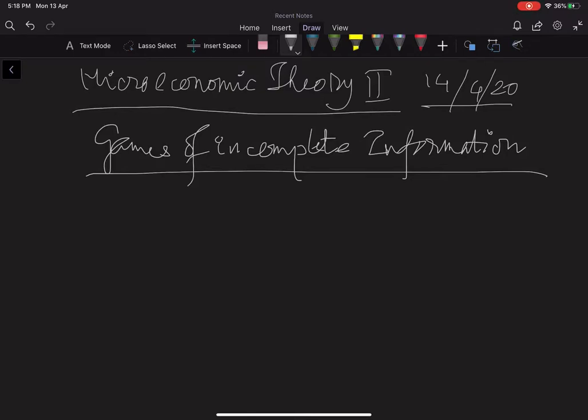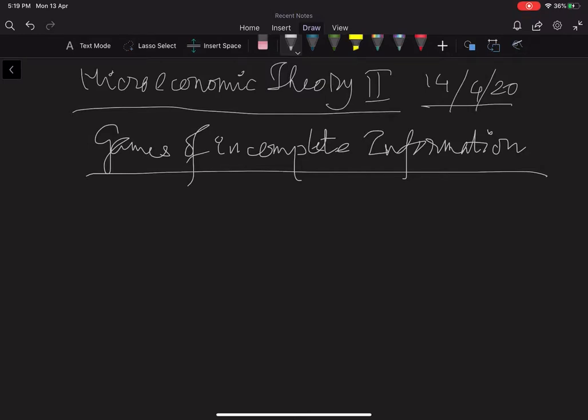Okay, so for example, take the Cournot model, right? In the Cournot model, the demand function is known and the cost functions are also common knowledge across both players, across both the firms, right? But it could be the case that firm 1 is unsure about the cost structure of the opponent firm, right?